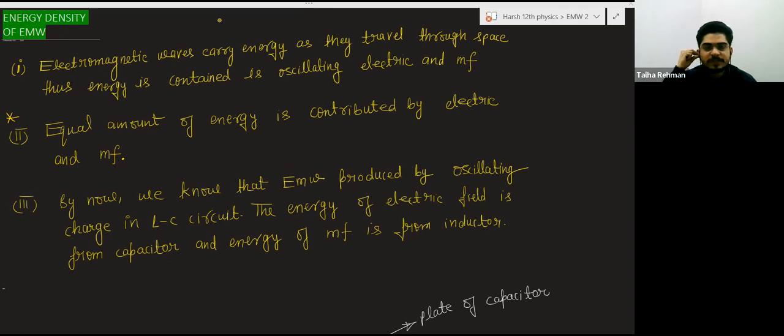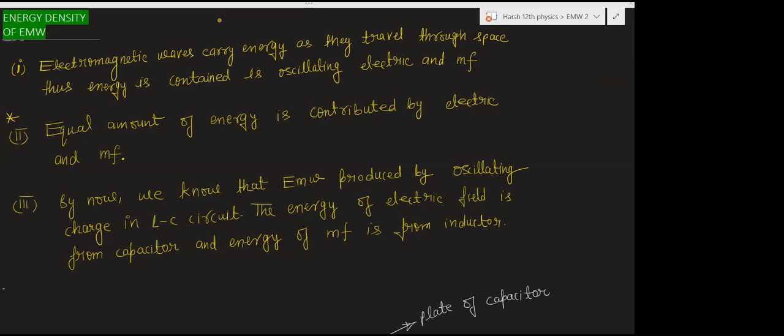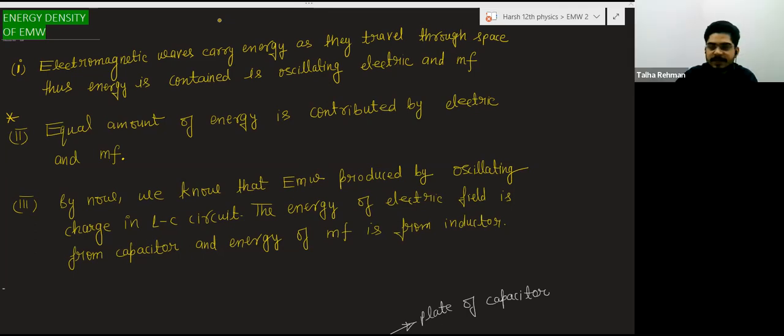After that, we will see what is the value of the energy density corresponding to the electric field. And after that, we will see the energy density corresponding to the magnetic field. Electric field energy is contained in between the plates of the capacitor. And we get the magnetic energy from the inductor.